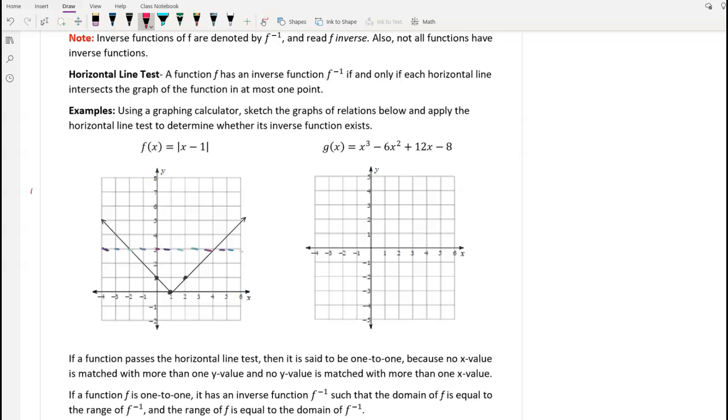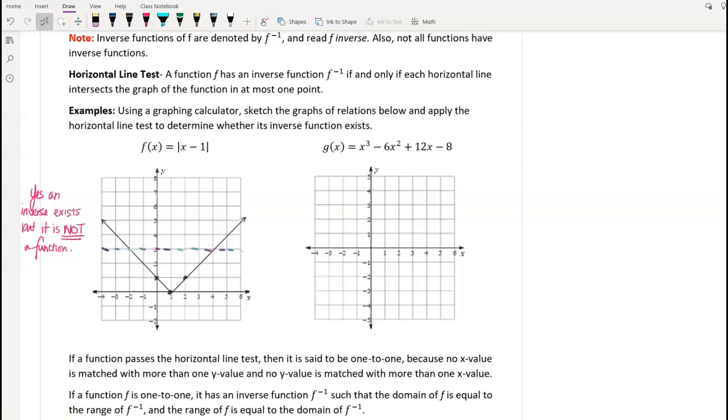So, yes, an inverse exists, but it is not a function. So that means if I were to graph that inverse, it would fail the vertical line test. Because it failed the horizontal line test, its inverse would fail the vertical line test.